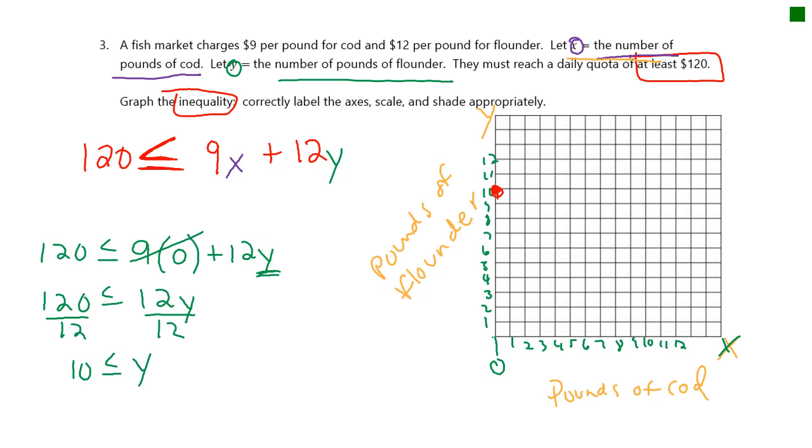To pick the next point, you can pick whatever number you want, it does not matter. For my video today, I am going to pick 8, okay? So if I have 8 pounds of cod, how many pounds of flounder?